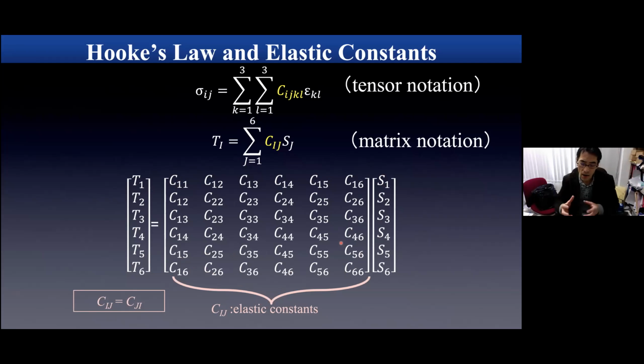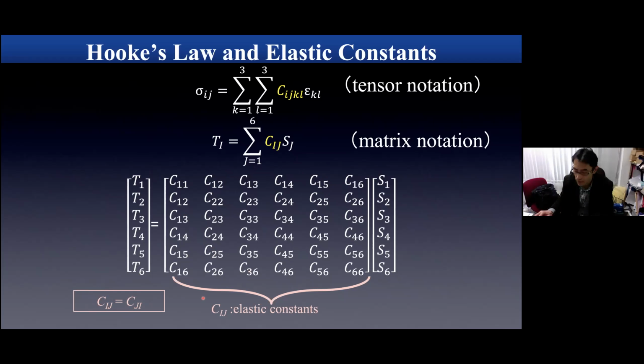dominate how the material deforms when it receives an external force. Okay. And also from the energy consideration, we can prove that the elastic constant matrix is also a symmetric matrix.